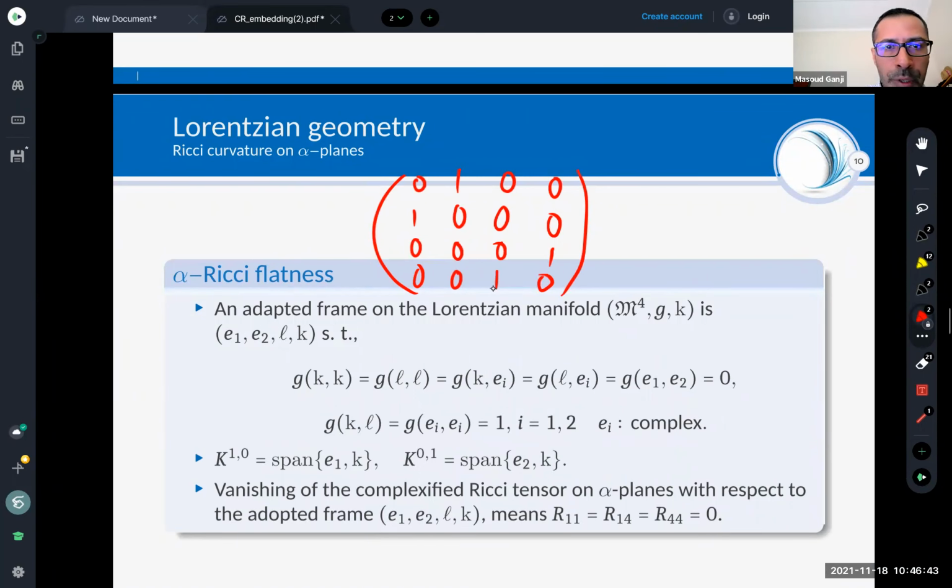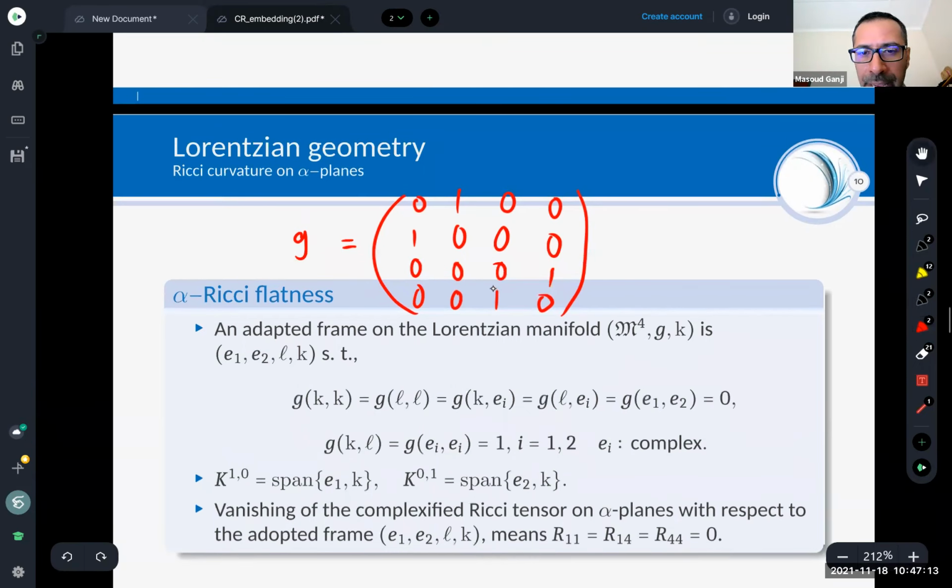That's the matrix corresponding to this complexified frame, what is called by people a tetrad, if I pronounce it correctly. L and K are real, E1 and E2 are complex, and we have this relation between them. If you remember, this K10 is now spanned by E1, which is complex, and K01, the conjugate, by E2 and K.